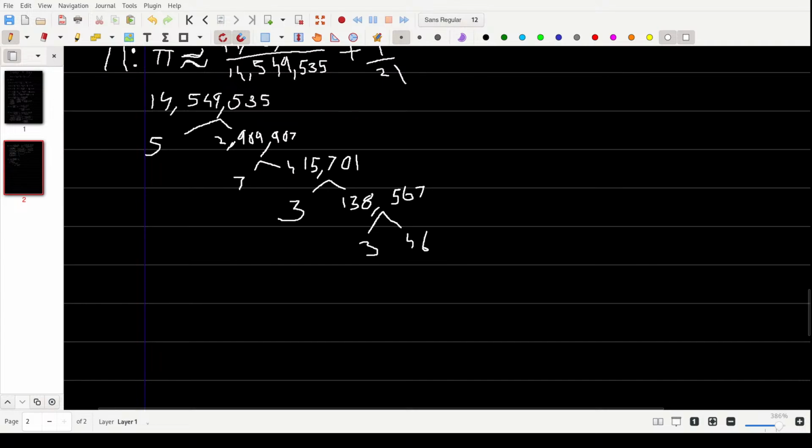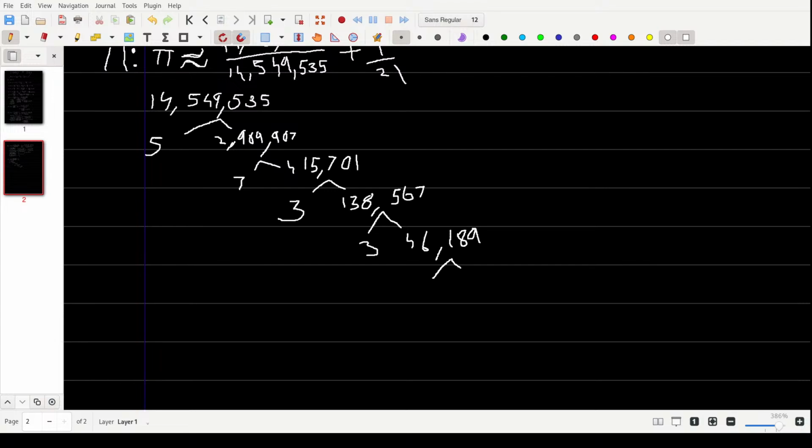That gives 46,189. This again, we can divide by 3 twice, so let's divide by 9. Okay, we can't do that. 46,189. Divide by 3. We can't divide by 3 again. Okay. 46,189.